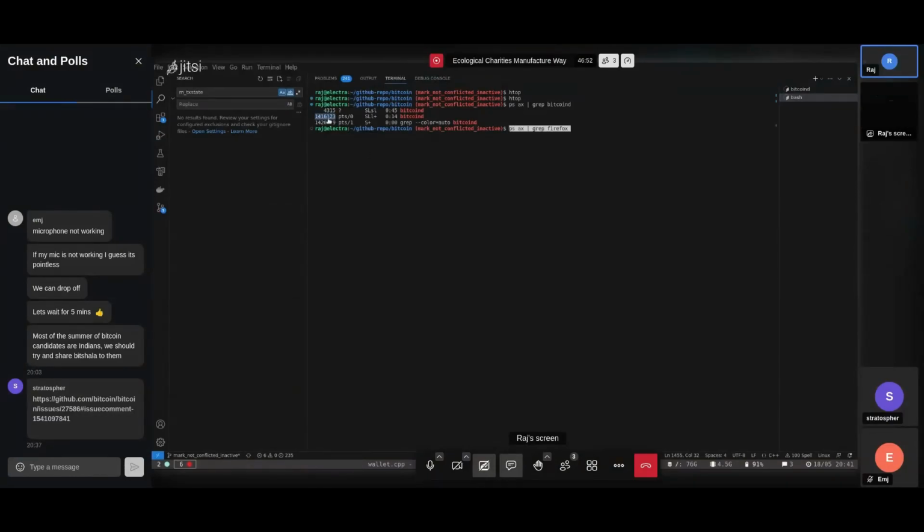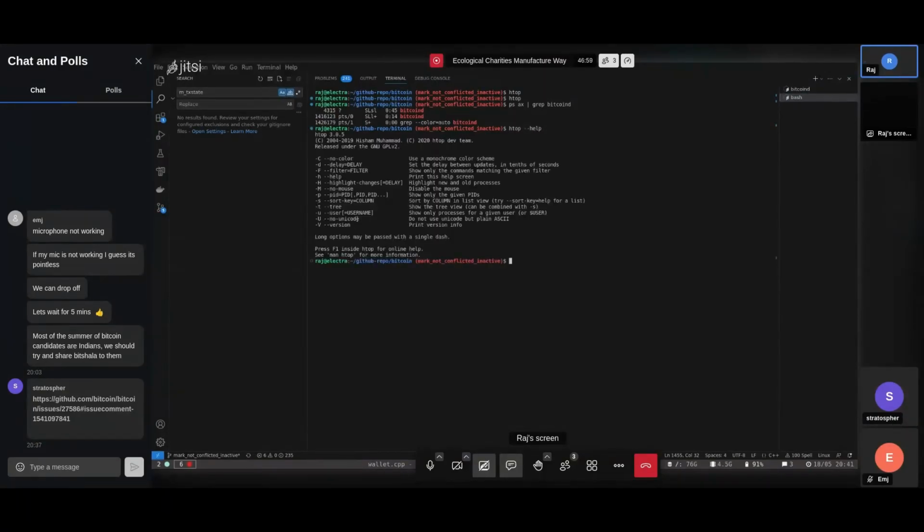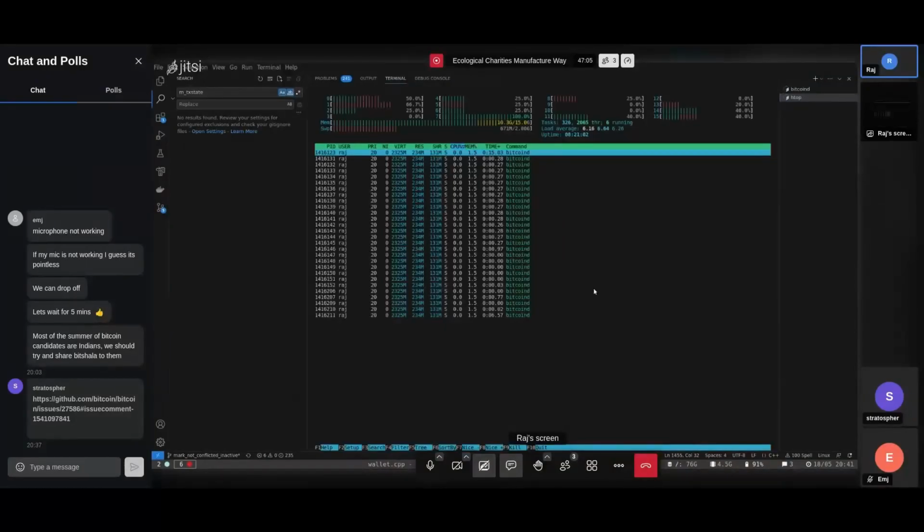And if we do htop help, there is this flag for PID. So htop -p, this one.